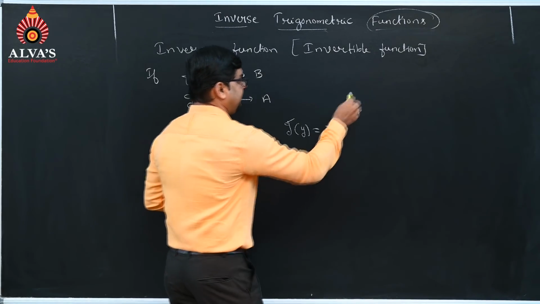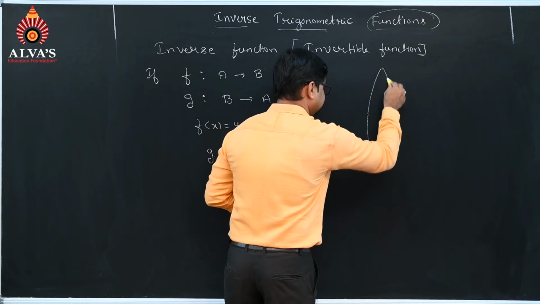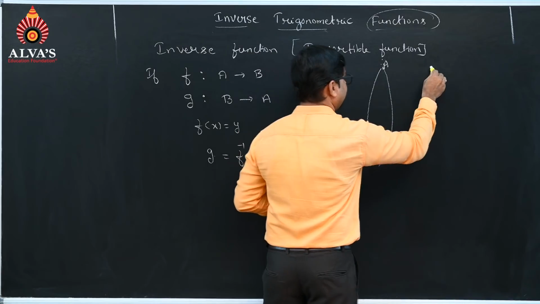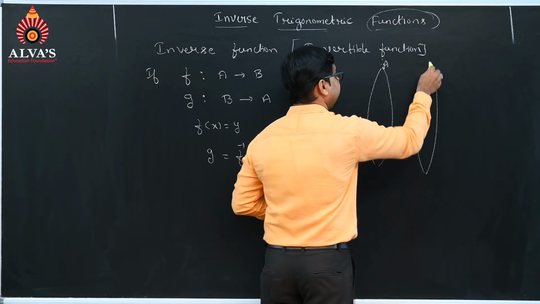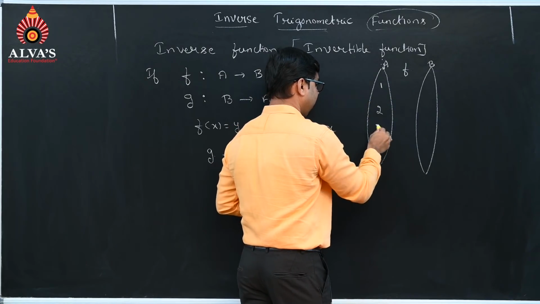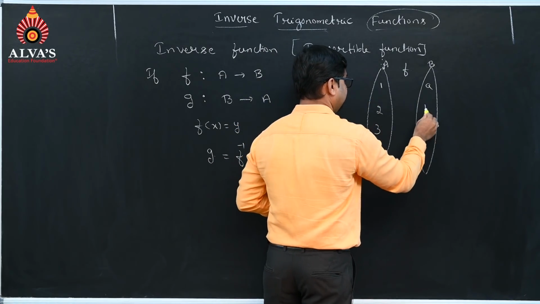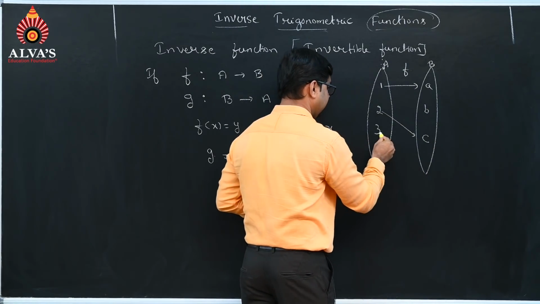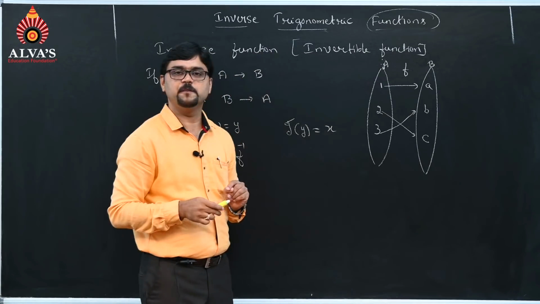And if I take one example, f from A to B is a mapping: A is 1, 2, 3 and B is a, b, c. 1 goes to a, 2 goes to c, and 3 goes to b.